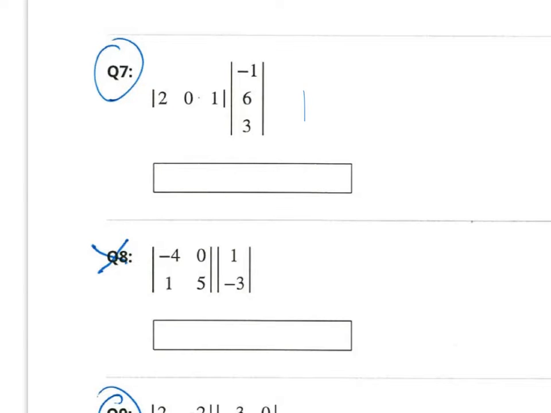This is a 1 row by 3 column times a 3 column by 1 row. And this works because these numbers are the same. So you want to make sure you multiply the first one by here, and by here, and by here, and then so on. Distribute them all to all of them.